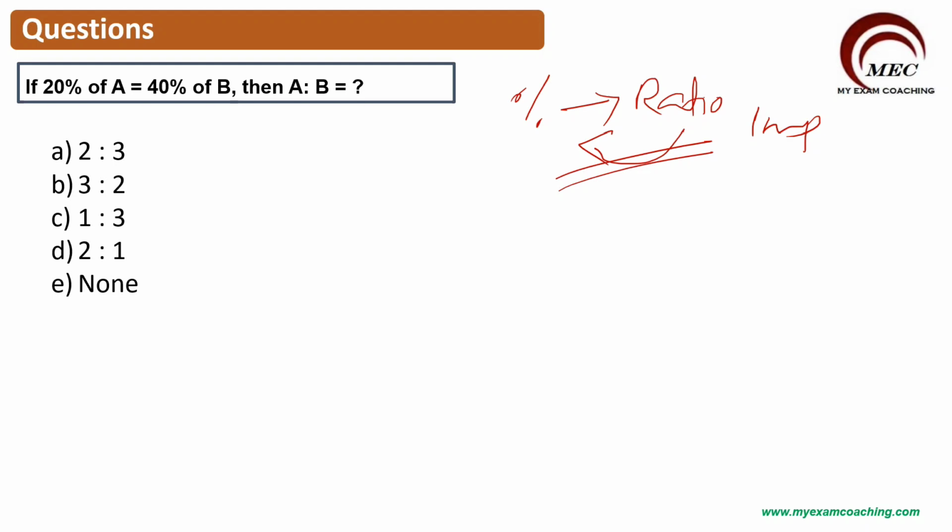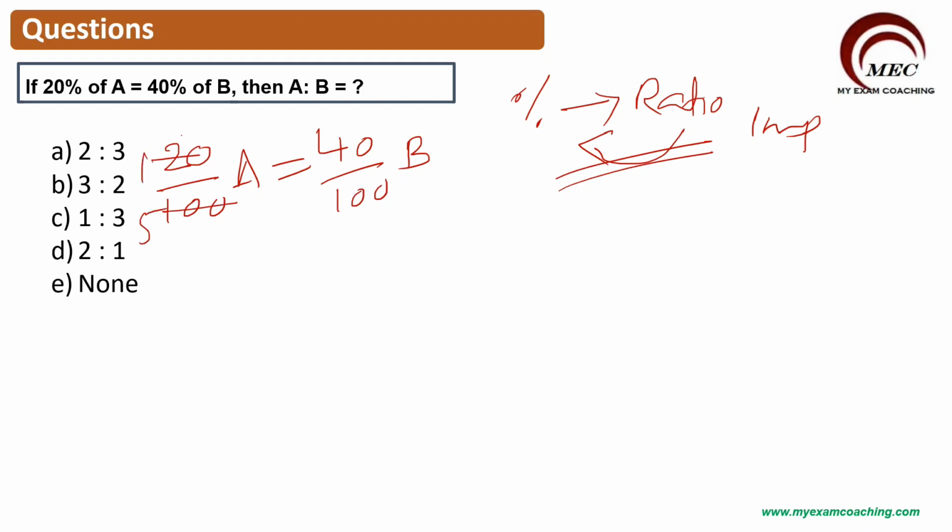So let us see, 20 percentage of A means what? 20 by 100 A, which is equal to 40 percentage of B, that is 40 by 100 B. Now what is A is to B? So finally, let us first cut this. 20 in 100, how many times? 1 by 5.